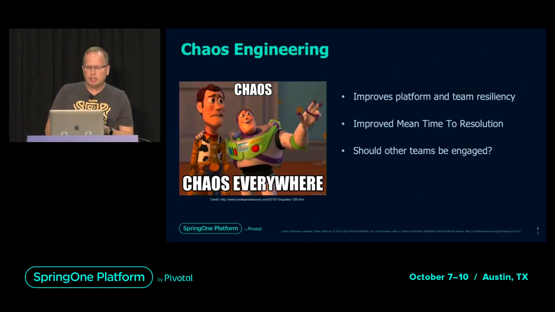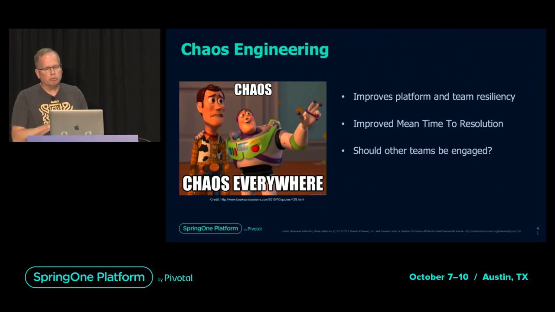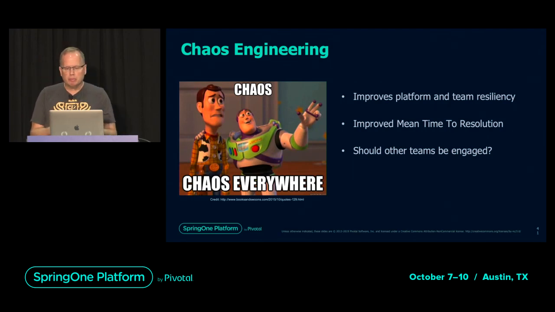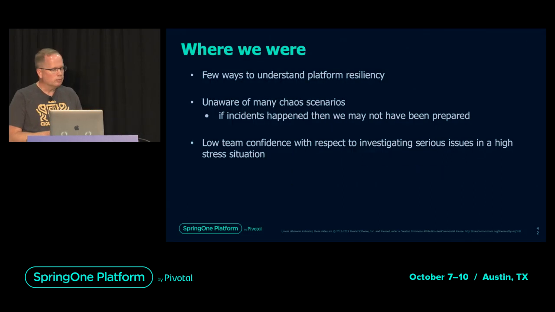Our goals for chaos engineering are twofold. One, to improve our mean time to resolution by making the platform and the team more resilient. We're also looking to understand better how or when to engage other teams, like our infrastructure team, when an incident occurs.